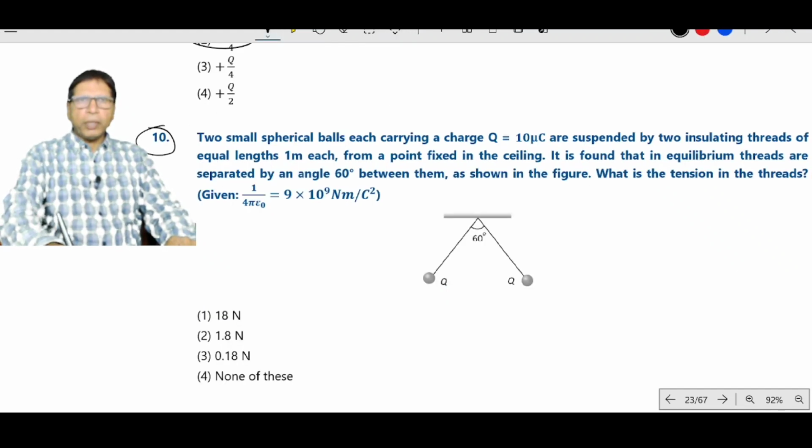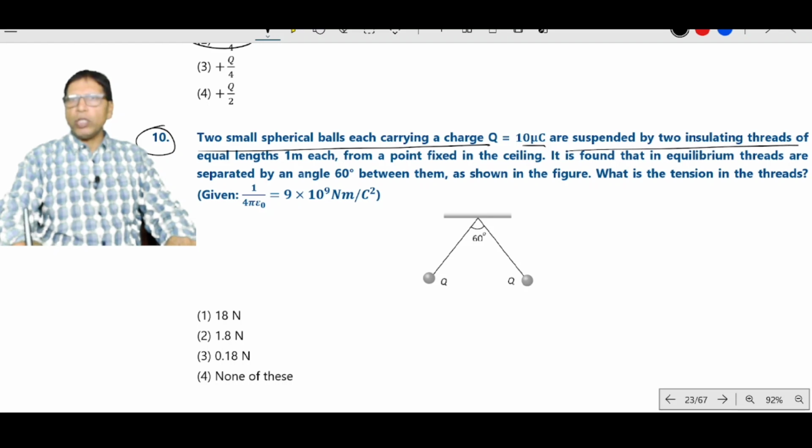Look at question number 7. Two small spherical balls, each of charge capital Q, that is 10 microcoulomb, are suspended by two insulating threads of equal length, 1 meter each, from a point fixed on the ceiling.